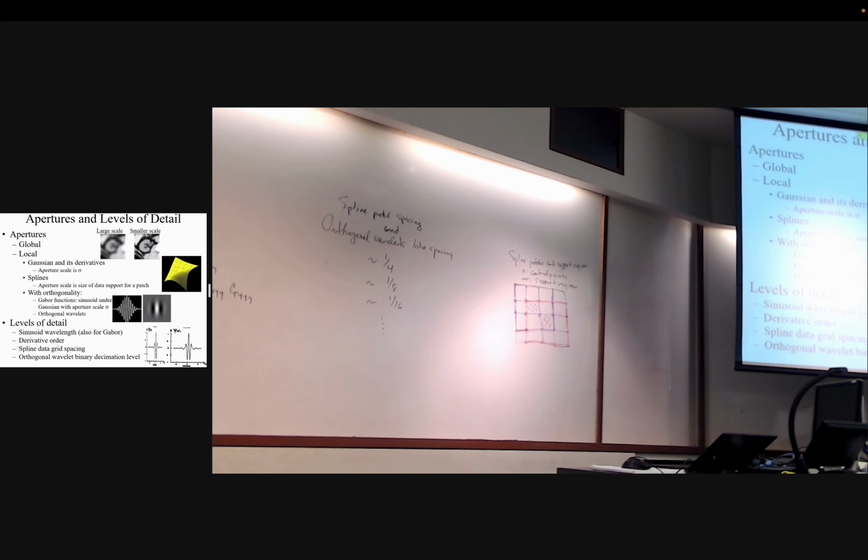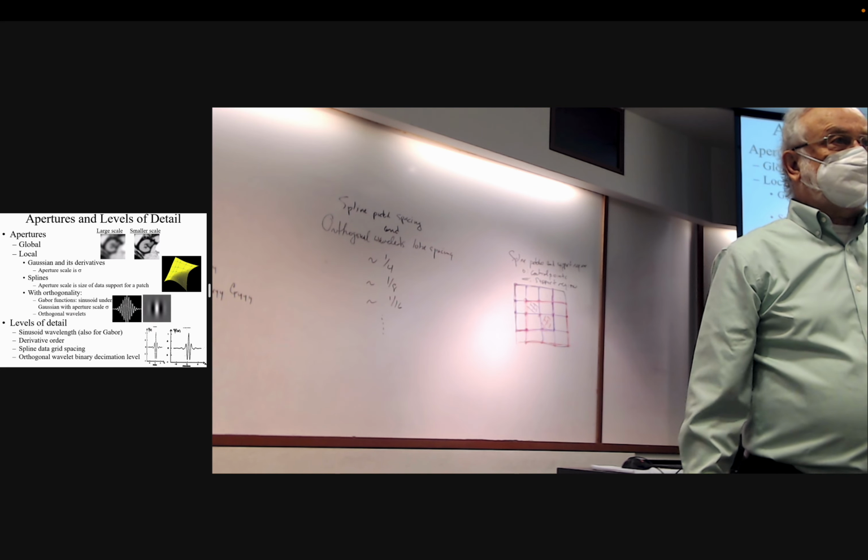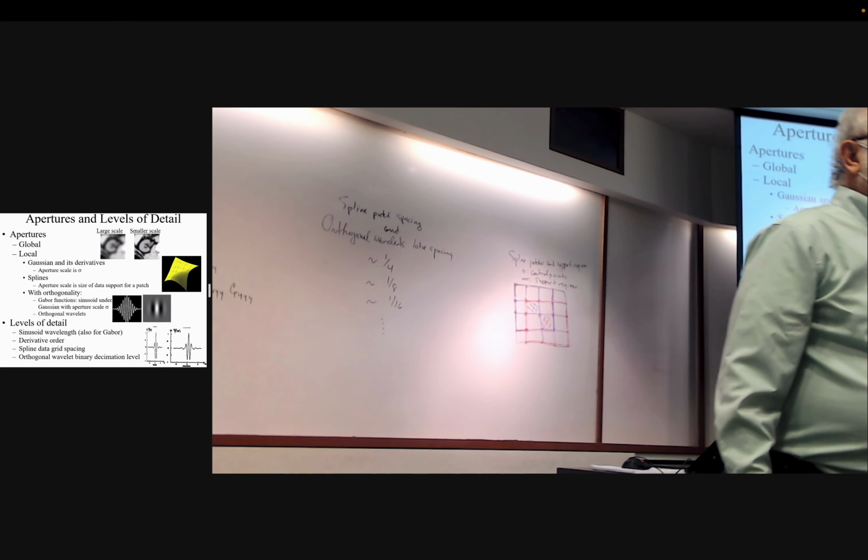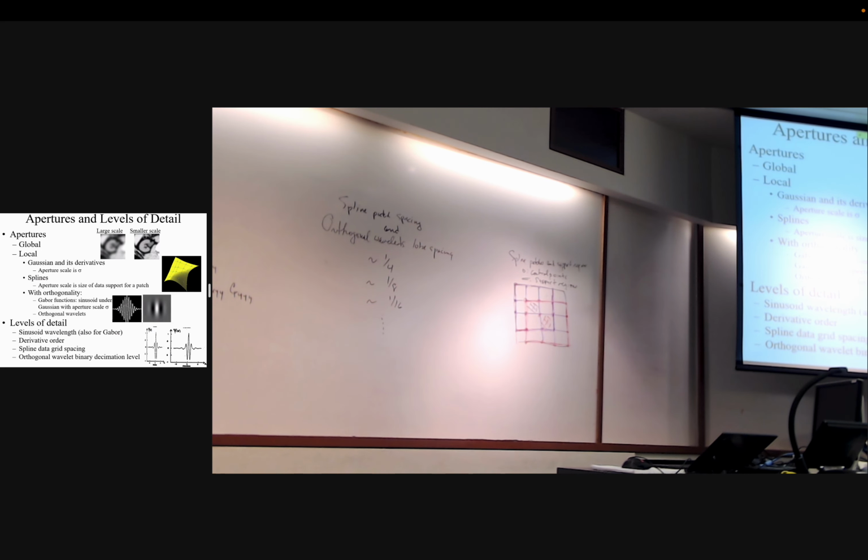Once you have that function, you can simply scrunch it by a factor of 2. Precisely a factor of 2. Not 3, not 5, 2. They're binary multiples of 2. Okay, so you scrunch it by a factor of 2.